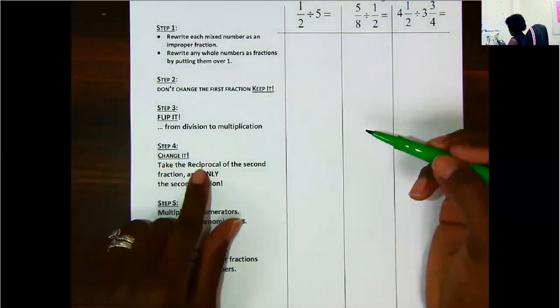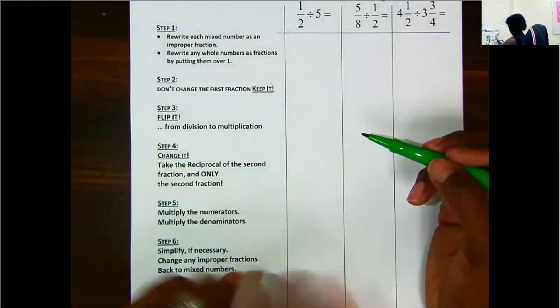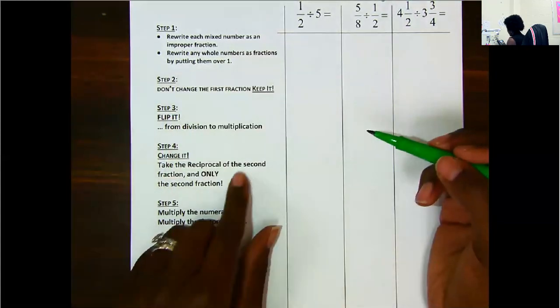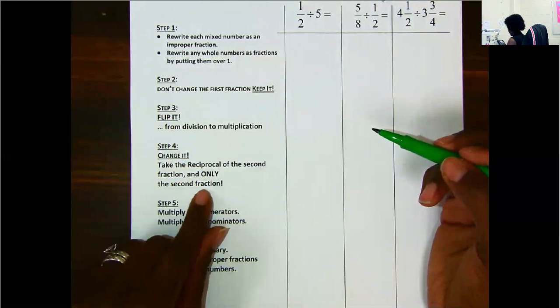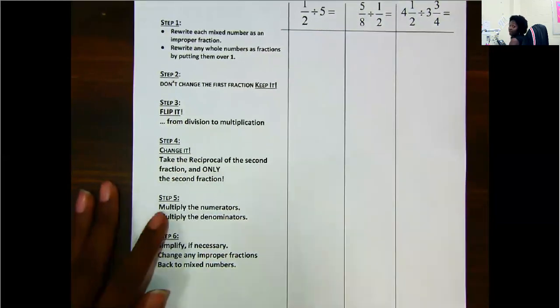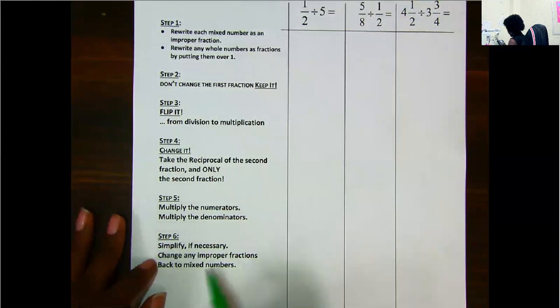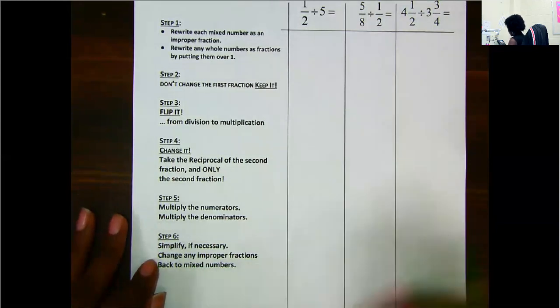Flip. Step 4, change it. Take the reciprocal. Reciprocal means the opposite of the second fraction and only the second fraction. Step 5, multiply the numerator, multiply the denominator. And finally, step 6, simplify if necessary. Change any improper fraction back to a mixed number.